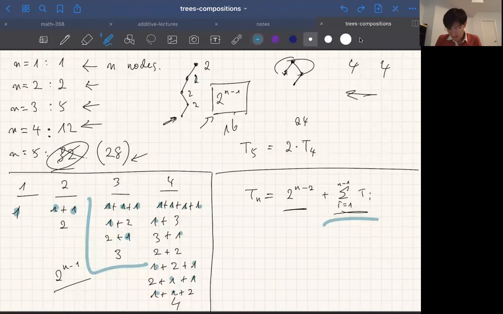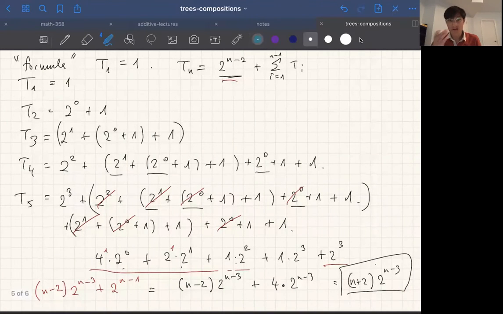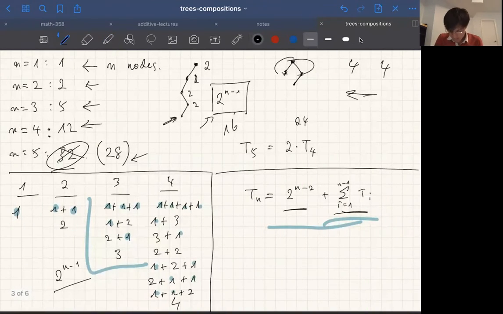And then we calculated, using this recurrence, what is the formula? I actually forgot the formula, and that's part of why I couldn't really think about it too much. It's (n+2) times 2 to the n minus 3. So we found that there are (n+2) times 2^(n-3). That's Tn. Is that right?